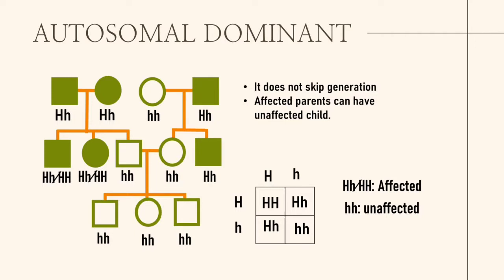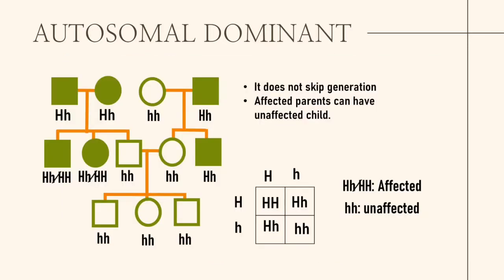Okay? So, ayun nga, makikita nyo dito na it does not skip generation, not unless both of the parents will be unaffected. Okay? So, that is the case in autosomal dominant. Okay? Next tayo.